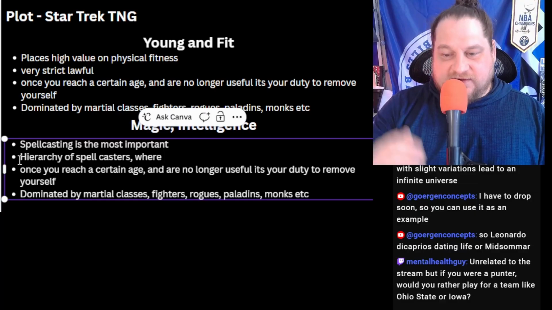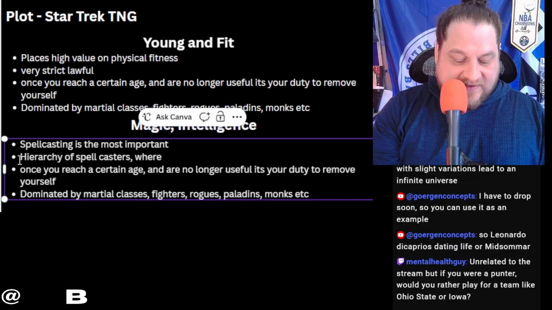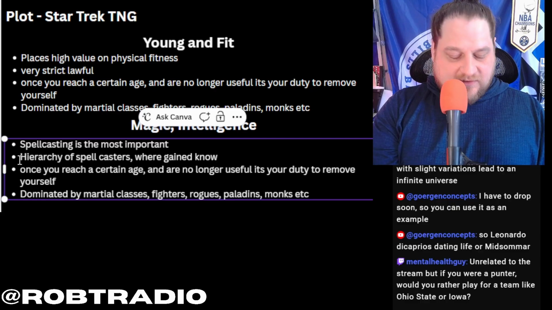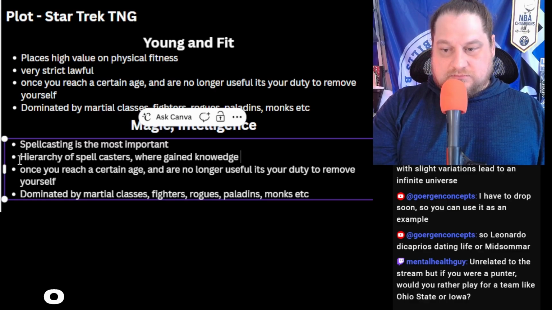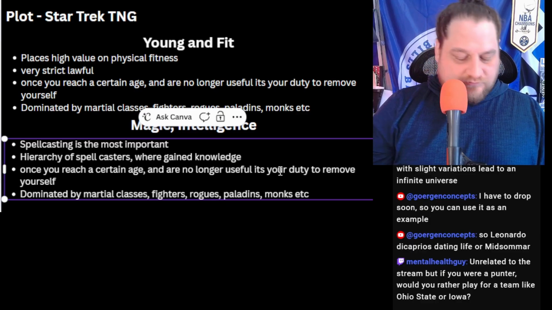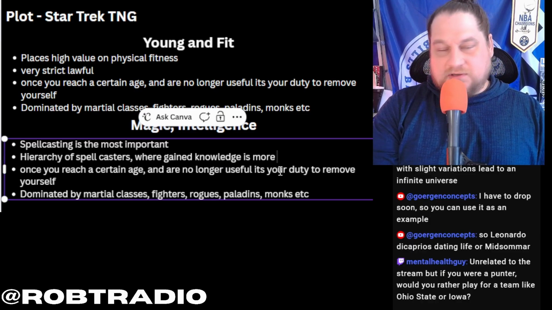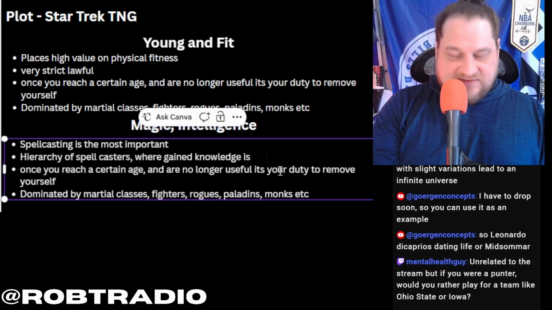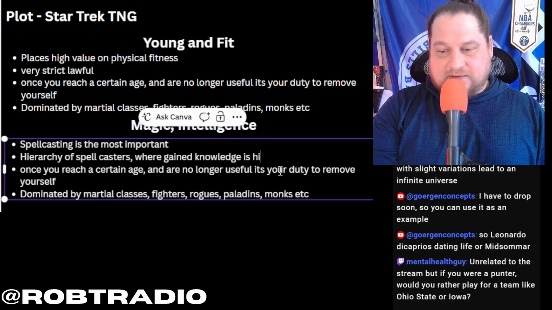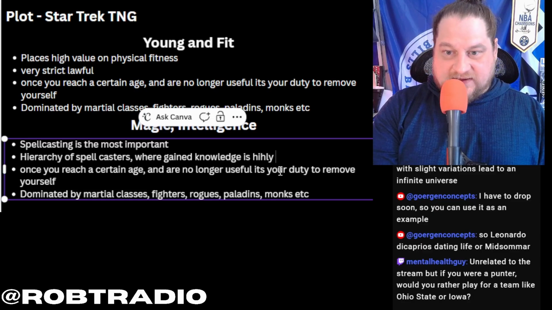Where this hierarchy of spellcasters, gained knowledge is highly regarded.